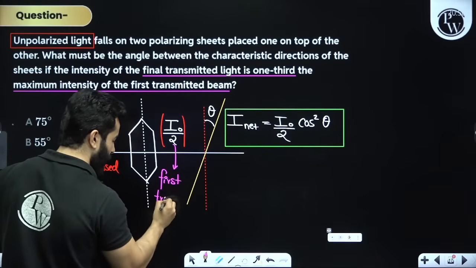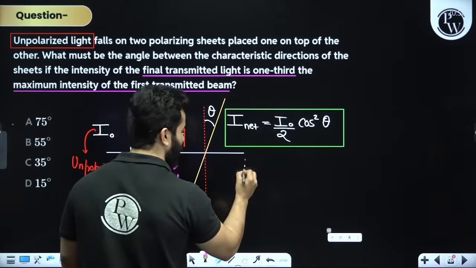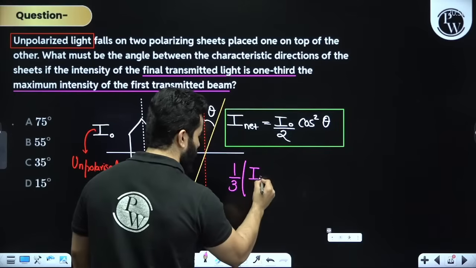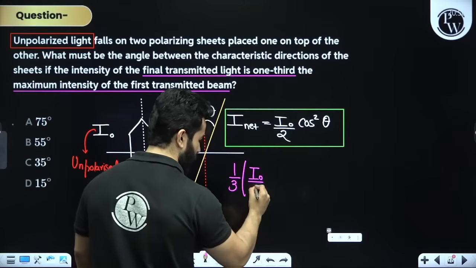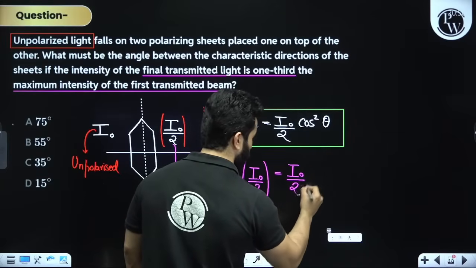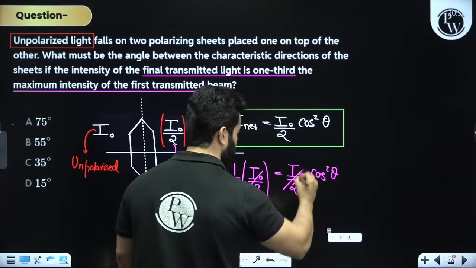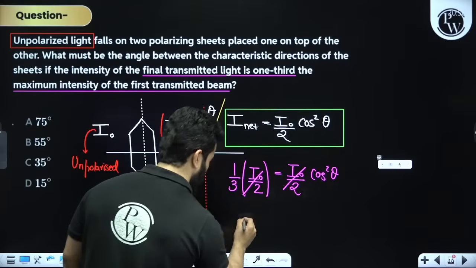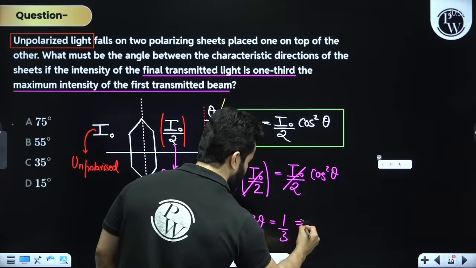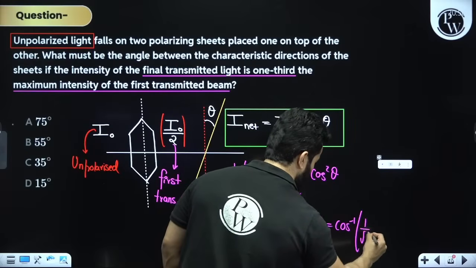That means I net will become 1/3 of the first transmitted beam, which equals I naught by 2 cos square theta. Friends, I naught by 2 and I naught by 2 will cancel out. Cos square theta will be equal to 1 by 3. That means theta will be equal to cos inverse 1 by root 3.